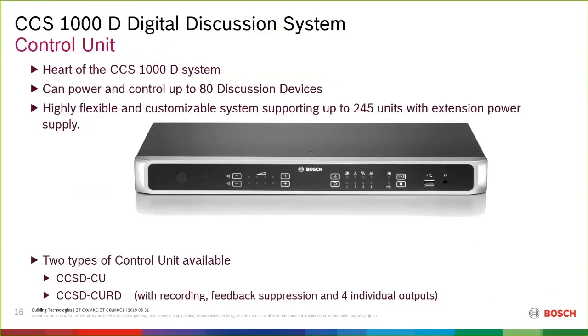So our control system, this is the D. What we've done, we did this for just giving you all options. If you just said, all I want is audio, and I need to hit a price point, I would pitch the CCS-D-CU.